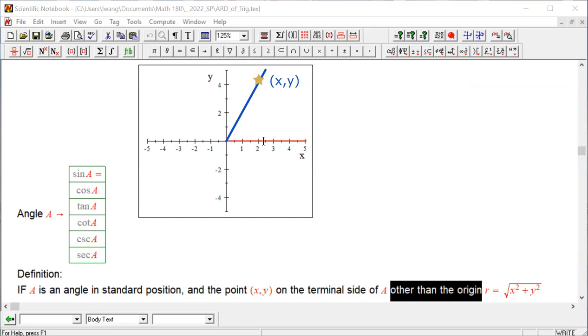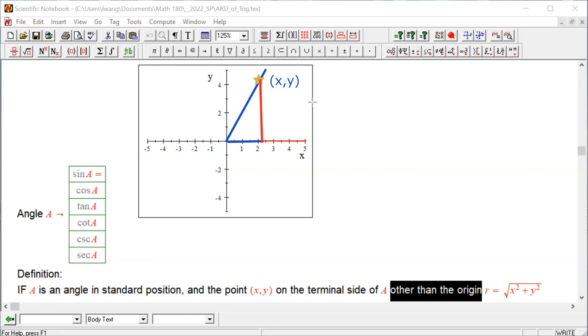Now, since we have an x, we have a y. Suppose this is x. I'm going to use this as the x, and that is the y.